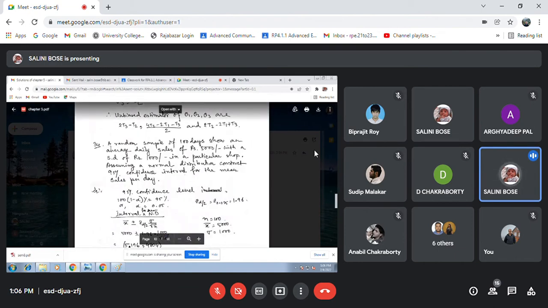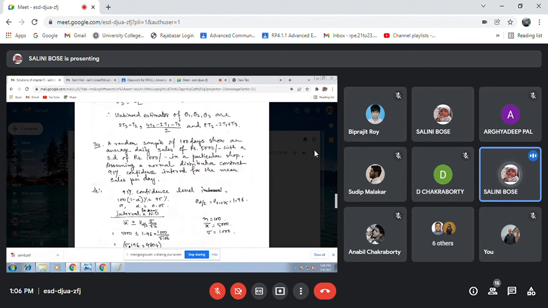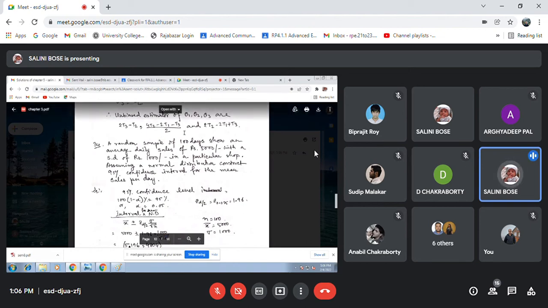Here a question is this, that a random sample of 100 days shows an average daily sales of rupees 5,000. So what is given? Number of samples, that is sample size small n, is given. Then average daily sales of rupees 5,000.